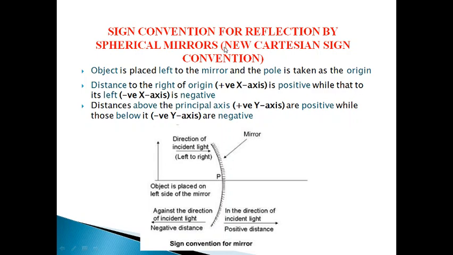In this convention, the pole P of the mirror is taken as the origin. I repeat, the pole of the mirror, that is P, will be taken as origin.